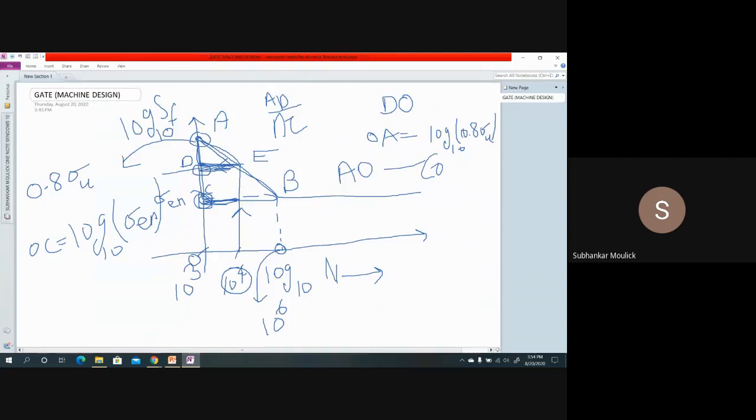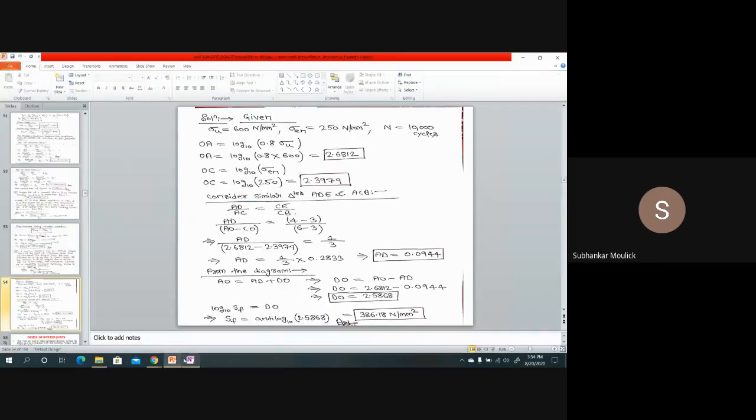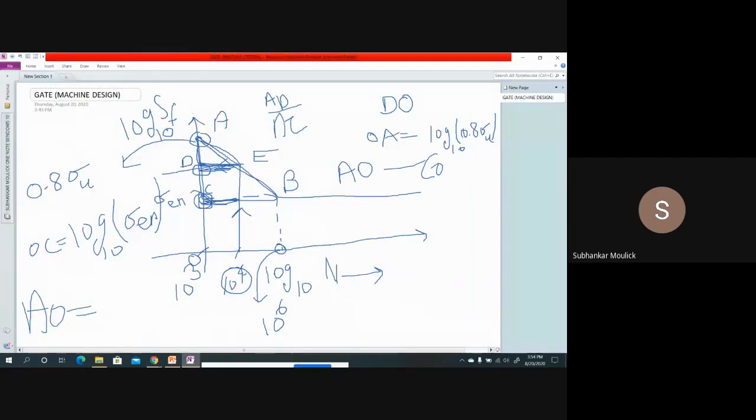See the diagram? I got this value of AD. I need the value of OD. So I can write AO is equal to AD plus DO.